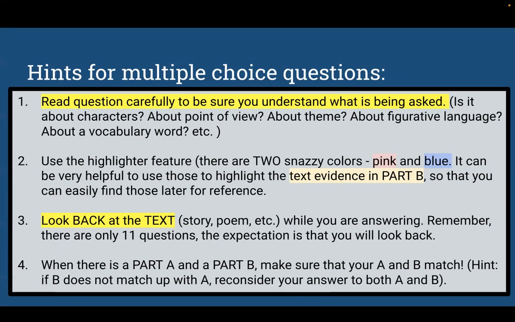You can use the highlighter feature. It can be very helpful to highlight the text evidence in part B so that you can easily find those for reference later. You can look back at the text, the story or the poem while you're answering. Remember, there are only 11 questions, and the expectation is that you will look back.